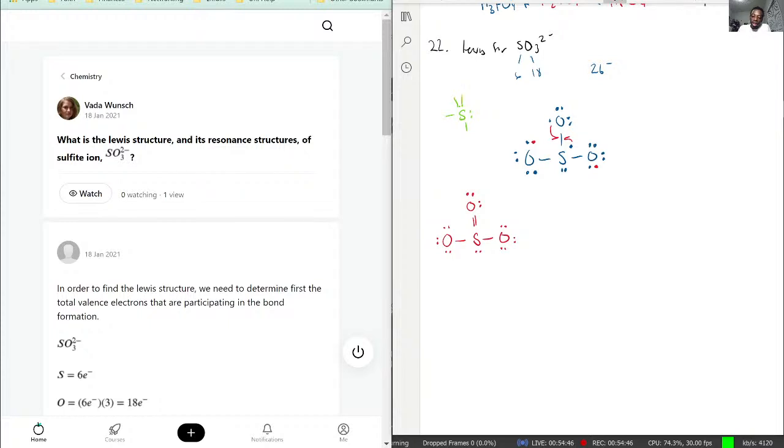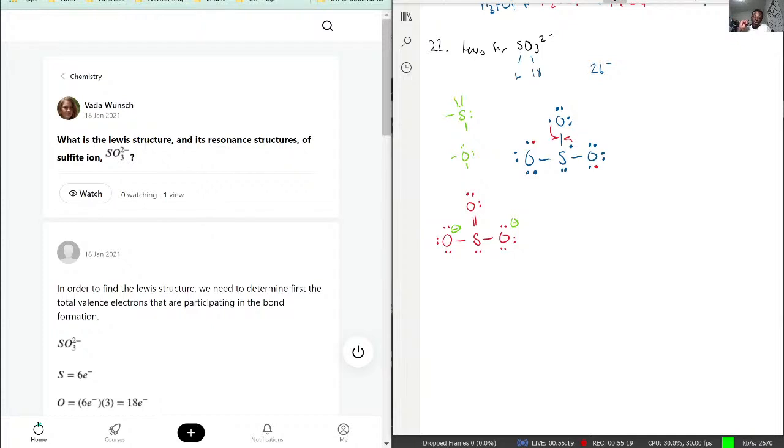The oxygen likes to have 2 lone pairs and 2 bonds for its formal charge of 0. So in this case, the oxygen at the top is good, but the other 2 on the left and the right replaced a bond with a lone pair, which puts each 1 more negative. And that is how SO3 2 minus has that charge of 2 minus.